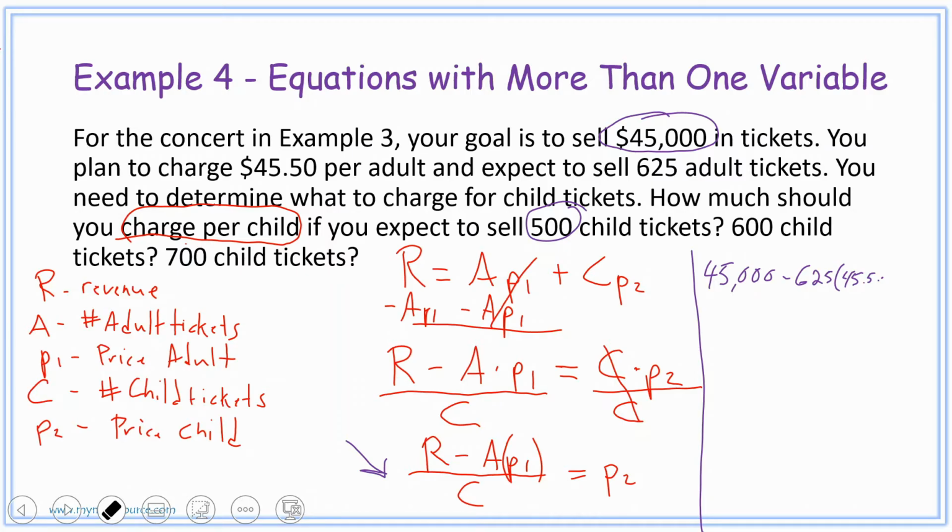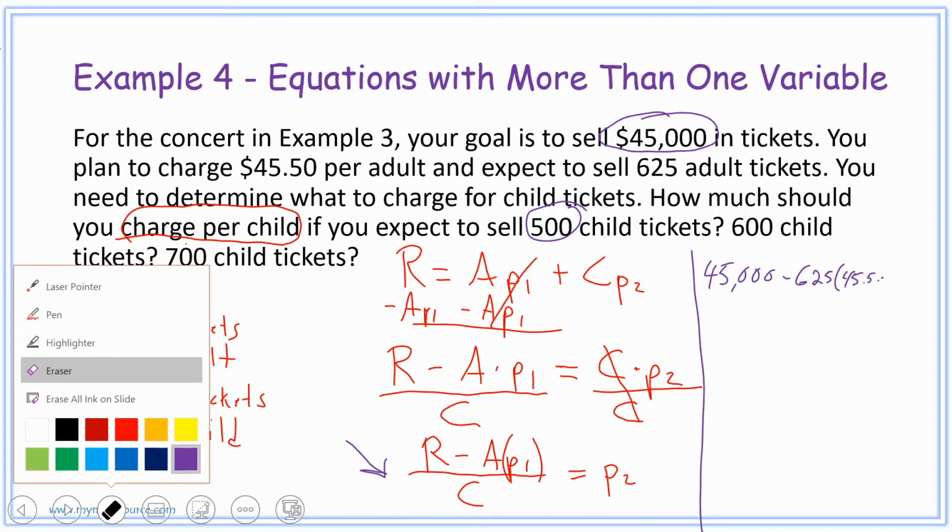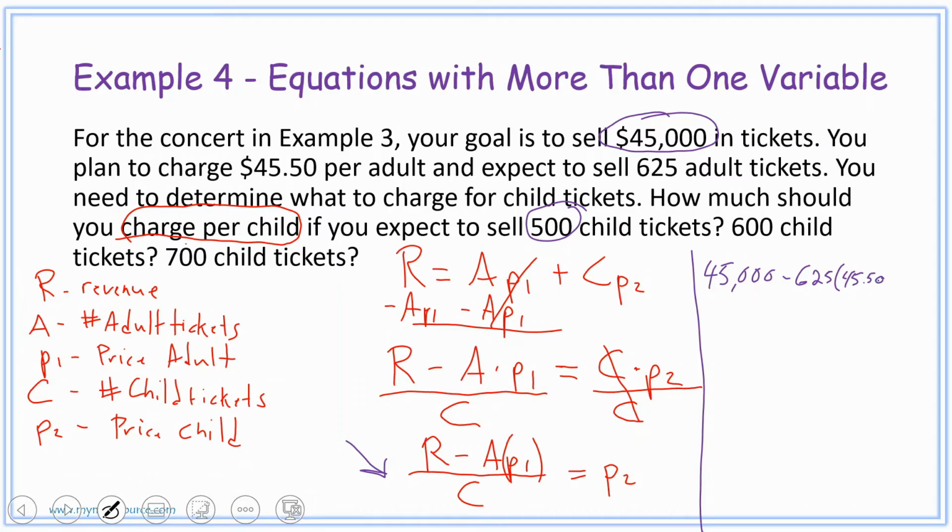All right, so we have 625 times 45 and 50 cents, all divided by the number of child tickets, and that was the expectation of 500. Right, and that would all equal what we should expect to charge a child, which was P2.